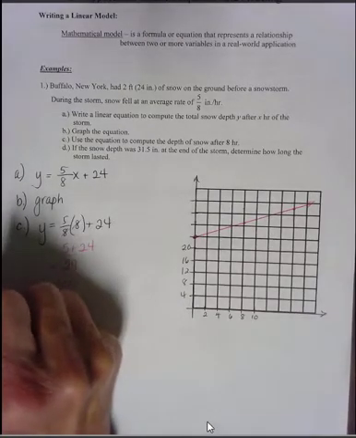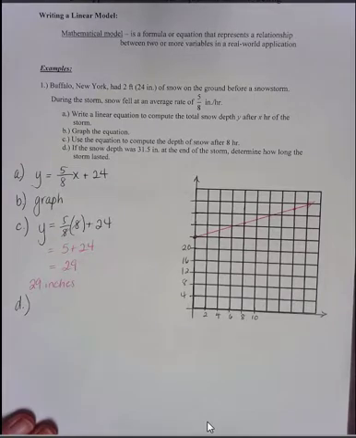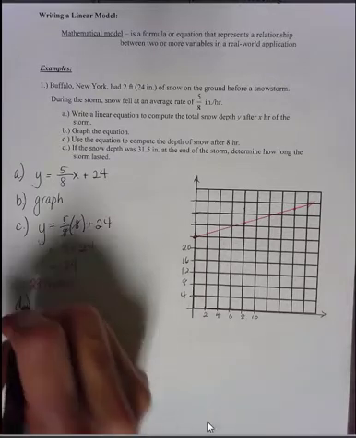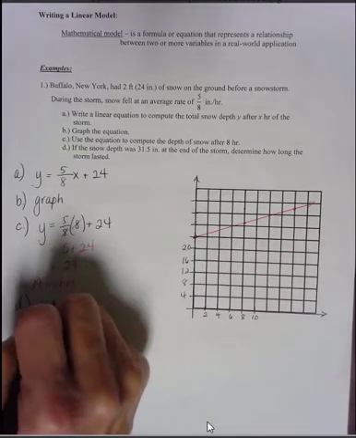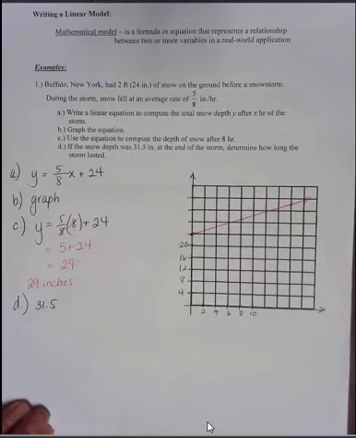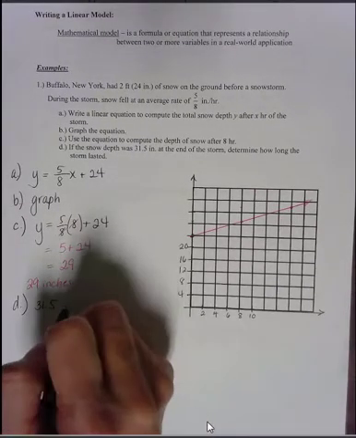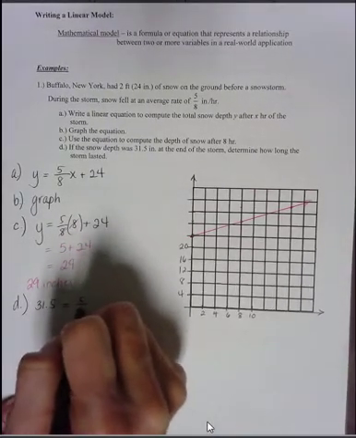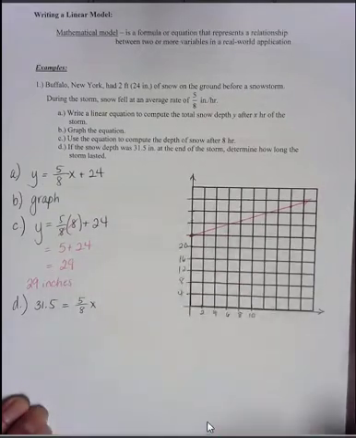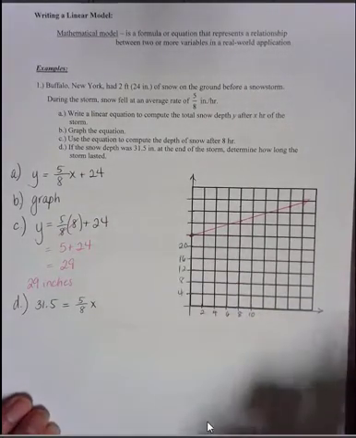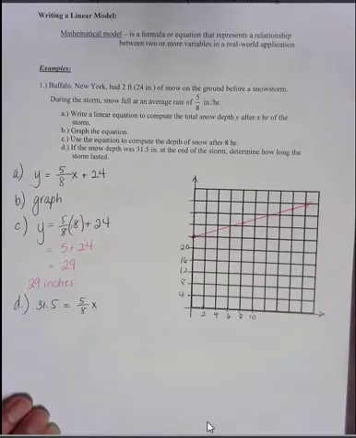Lastly, part D, we are looking for the length of the storm duration, given that there's 31.5 inches. So y represents the height of the snow, or snow depth. We're going to solve in this case for x, because x represents the duration, or the hours of snow.